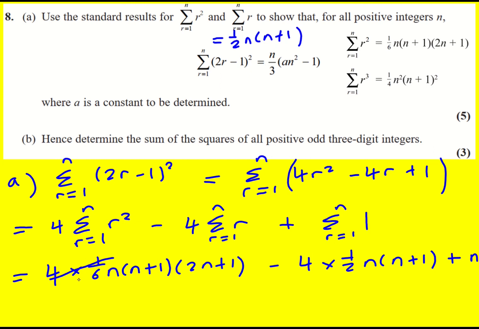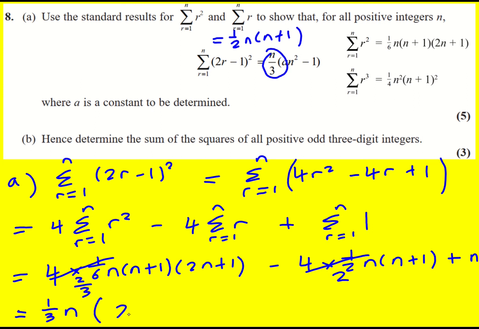Okay, this will become 2/3, and my final answer, I've got a third. Okay, this one will become 2. So I'm going to straight away factorize out a third n. Remember, that isn't the final answer. Then I'll just be left with a quadratic term that I can simplify.